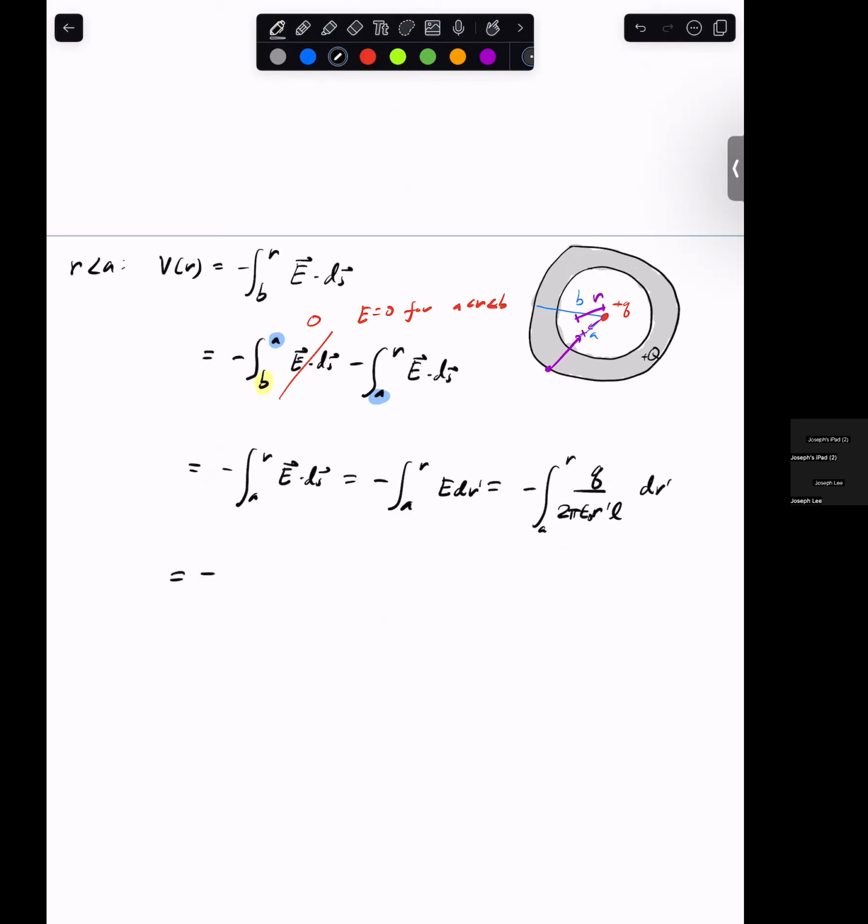Evaluating that gives us something very similar to the region before, of a natural log.